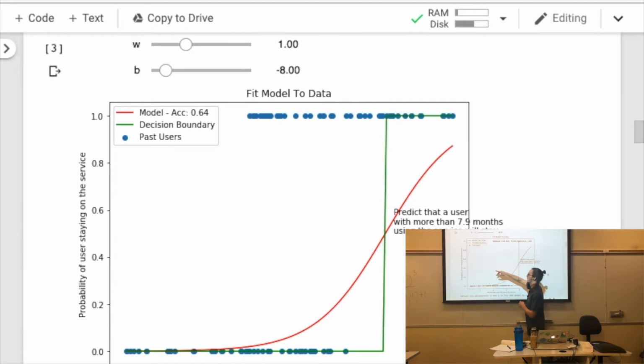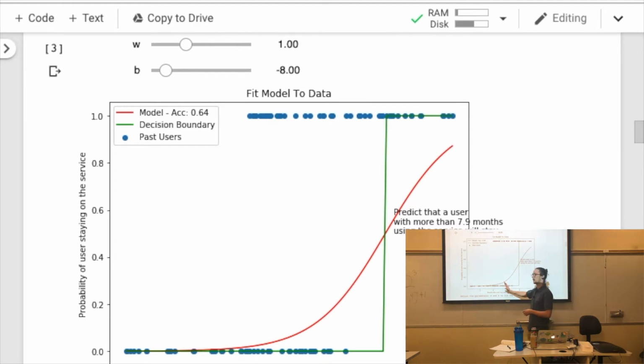That's why they're at y equaling 1, and these are at y equaling 0. Now, on the x-axis, if you look at this person, they used the service for also about 6.5 months, but they did leave the service. So what you can see here is we're not going to be able to give a definitive answer. For example, we might want to put the line here and tell our supervisor, well, it's 6 months.